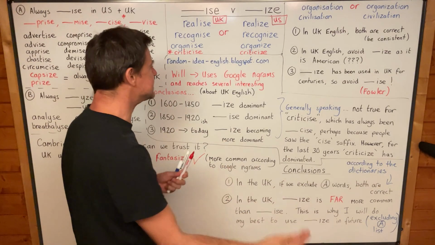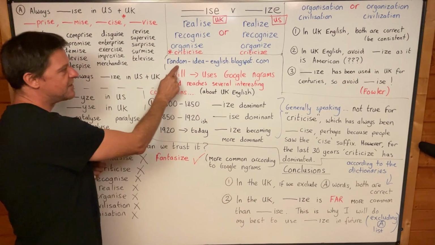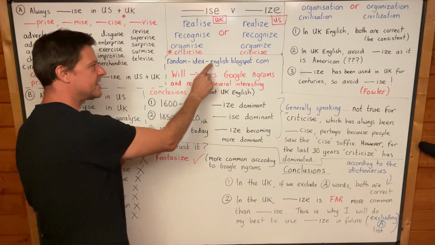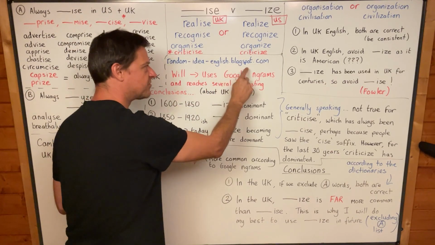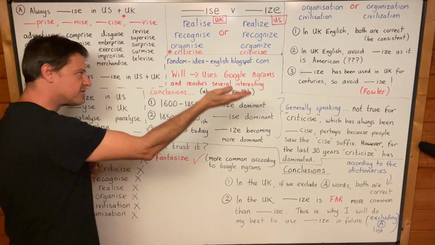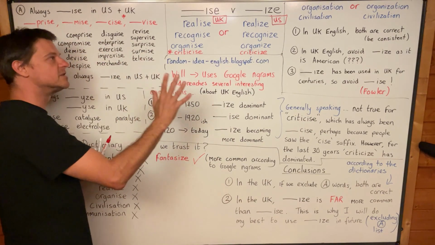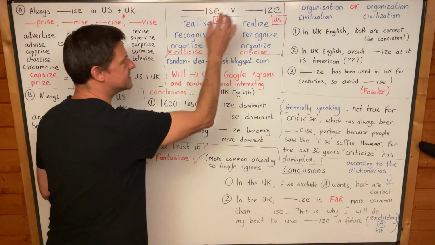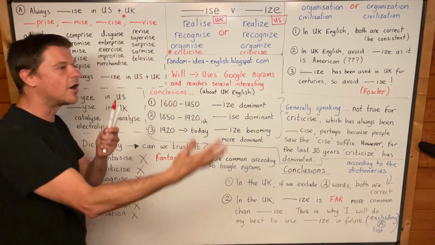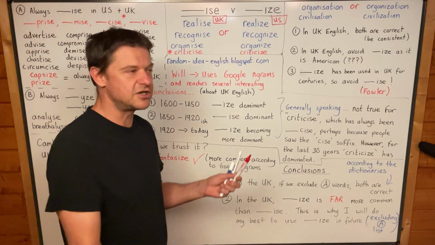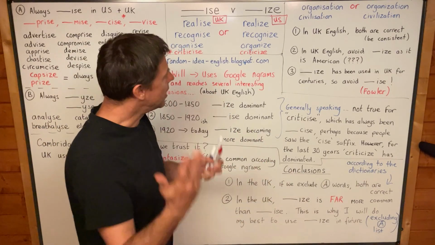And I had this idea thanks to a wonderful website, random-idea-english.blogspot.com. It's Will's website. He's a TEFL teacher, and he did a really good essay on the difference between these two suffixes over time, how they have been used in UK English over time.